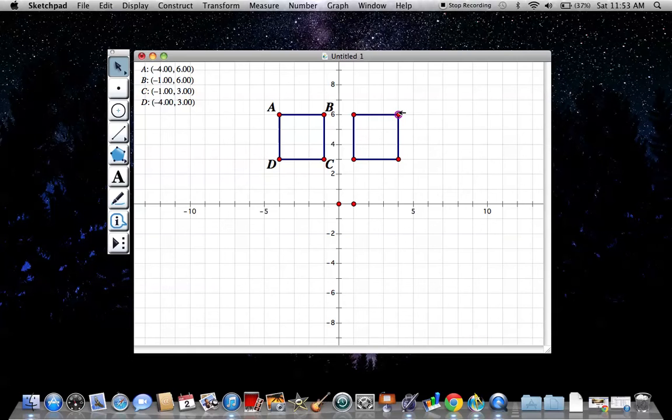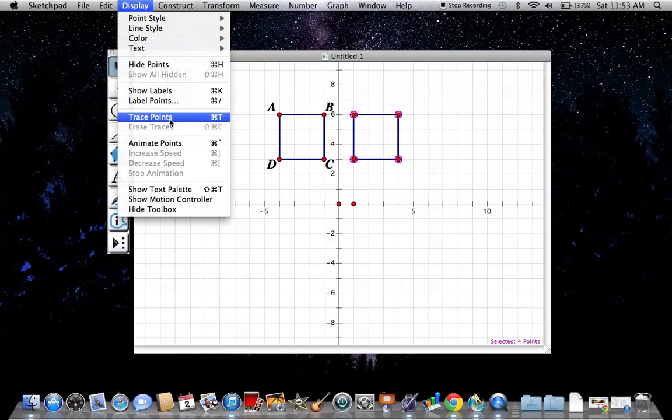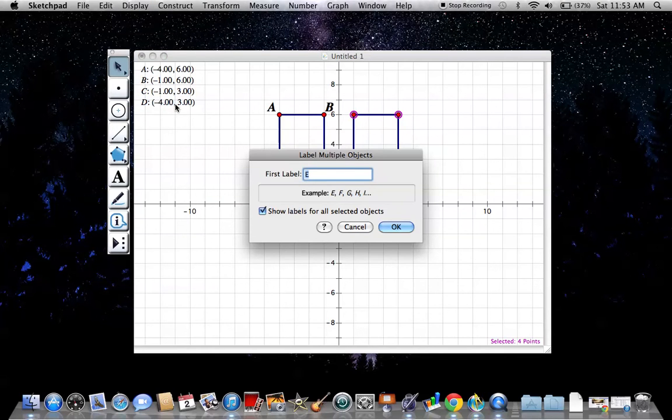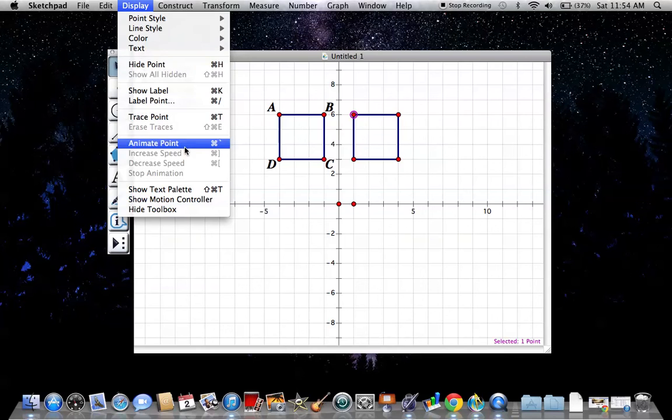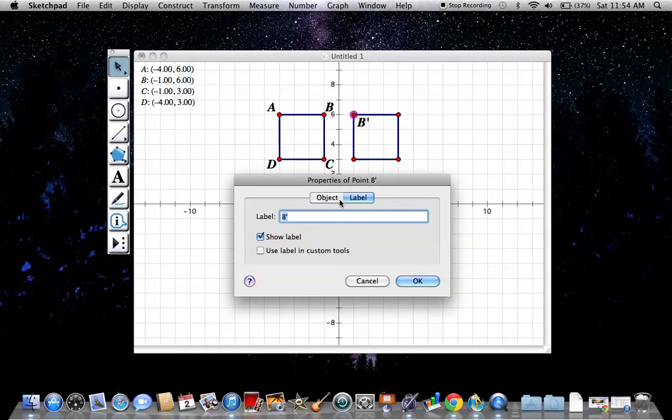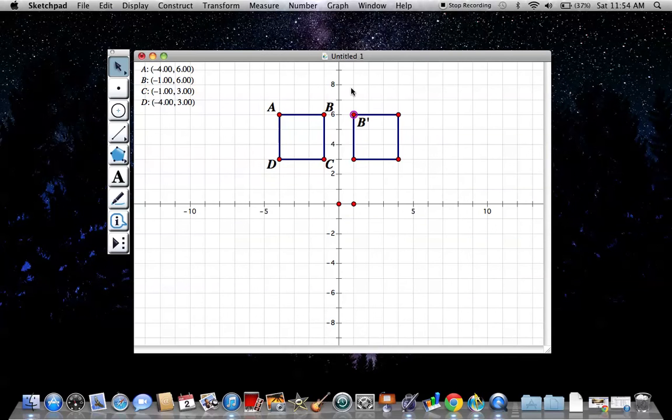Okay, and when I label the new points here, when I reflect it, this one would be B prime, because when I reflect it over, B would be right here.